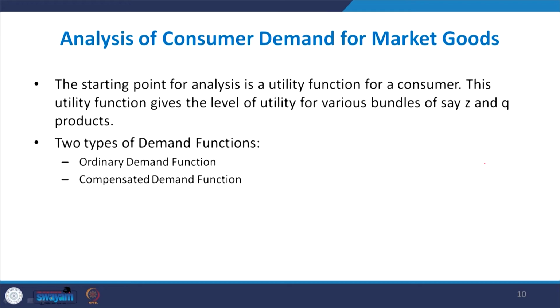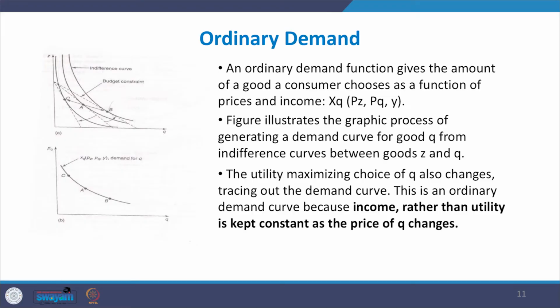One is the ordinary demand function, and the second is the compensated demand function. Let me now explain these two concepts because they are very important for the further discussion on environmental goods demand. Let me first explain the ordinary demand.